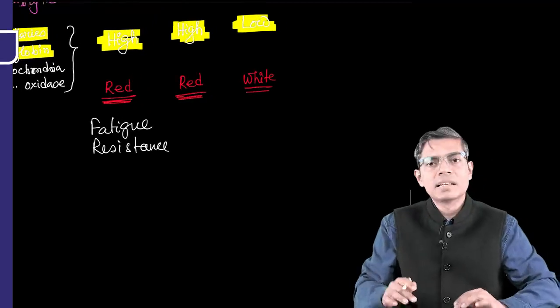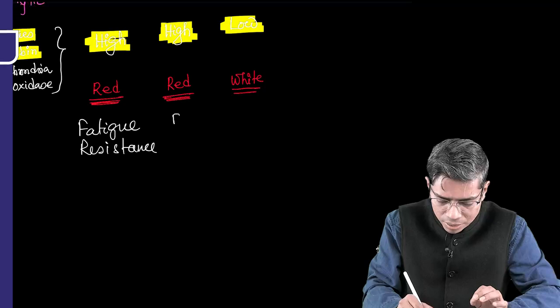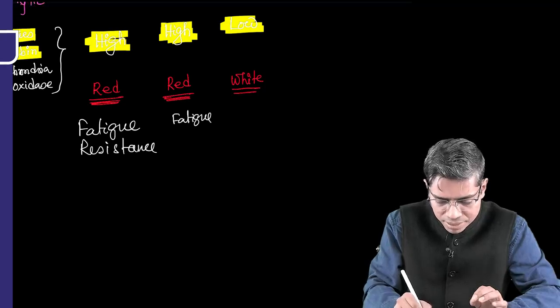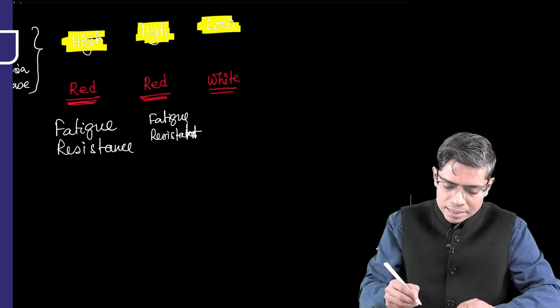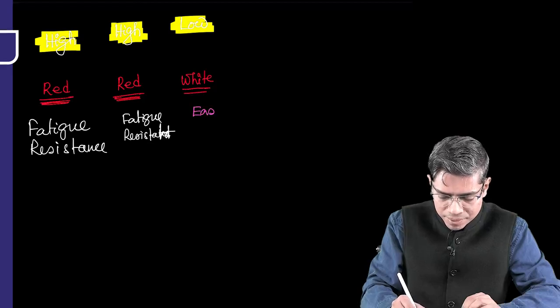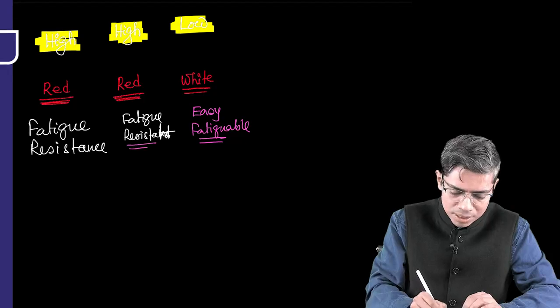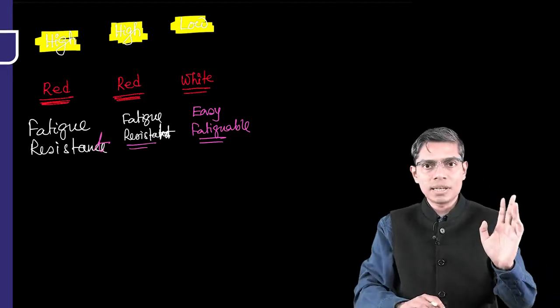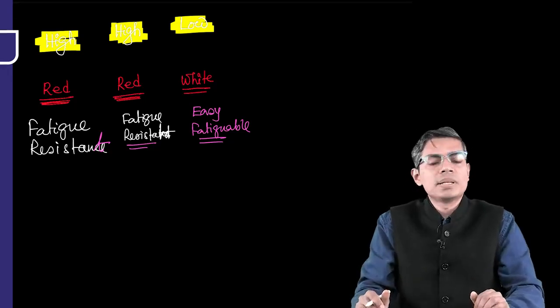Right? Fatigue is a late phenomenon. Similarly, type 2A are also fatigue resistant muscle. And type 2B is an easily fatigable muscle. Getting my point? So you have to remember that type 1 and type 2A are fatigue resistant, and type 2B is an easily fatigable muscle.